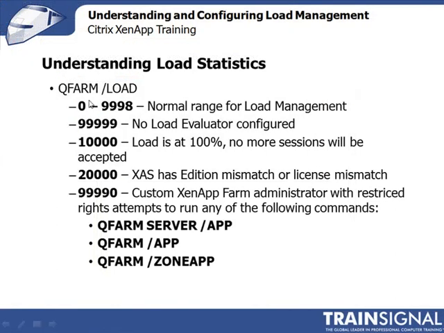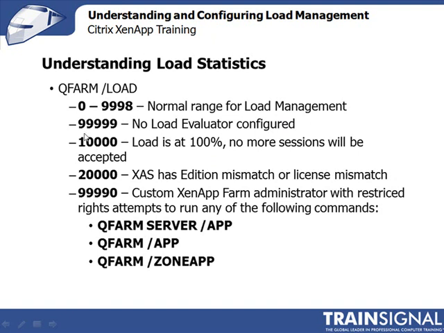So when you run the command qfarm /load, the values are going to mean the following. Anything from 0 to 9,998, so to speak, is a normal range for load management. This means that the server is in a normal state, everything is good. This will vary; if there's one user, it'll show maybe 100, and so on and so forth. That's how you know what type of load is on the server.